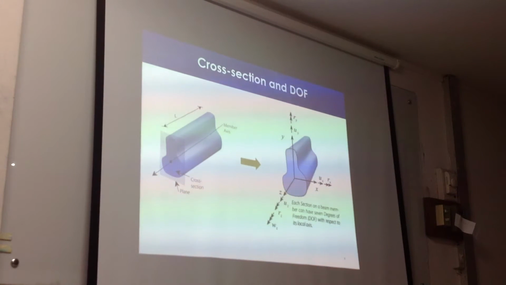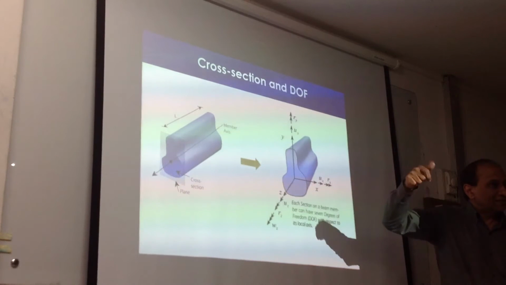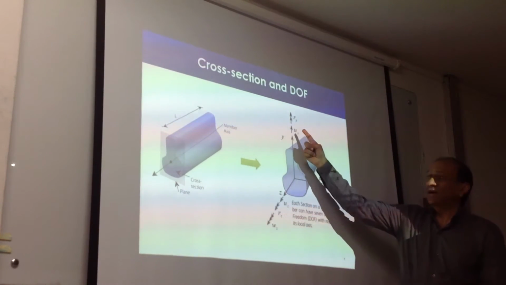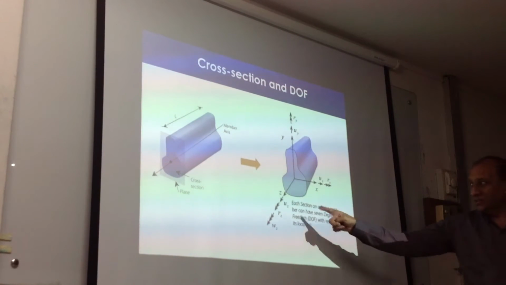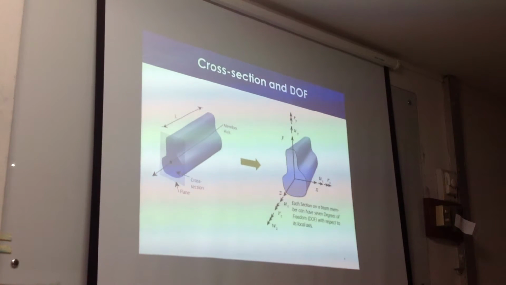Even if the cross section has the same dimensions. Moment about Rx, moment of inertia about X, Ixx. Rotation about Y, moment of inertia about Y, Iyy. Torsion, J, torsional constant. And warping constant. So we have 7 properties of the cross sections corresponding to 7 deformations.